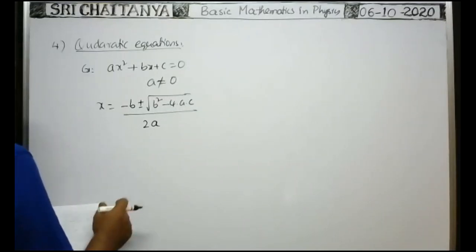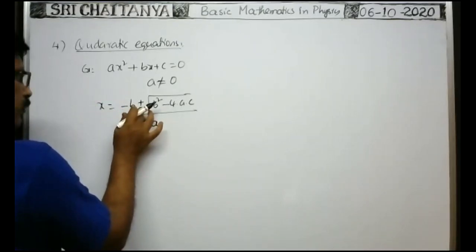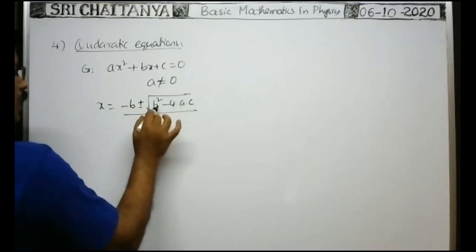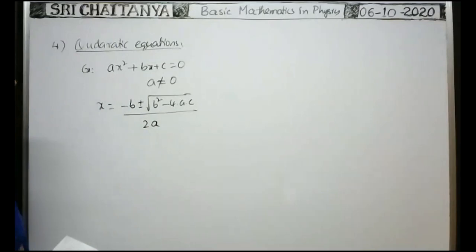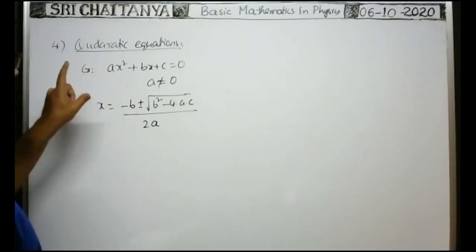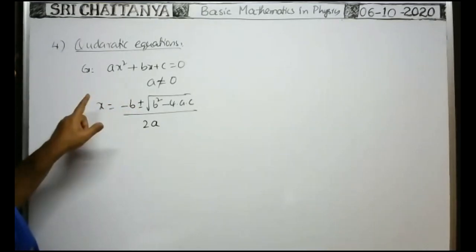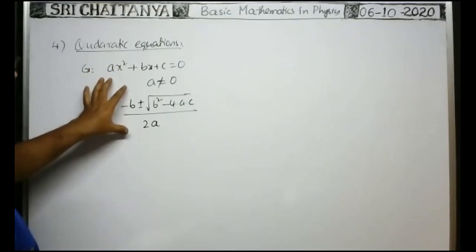So what about the two roots? First you take the plus value, then you will get one root. Then you take the minus value, minus b minus square root of b square minus 4ac by 2a. When you take plus, you get the first root, and when you take minus, you get the second root. These two values of x satisfy this equation.